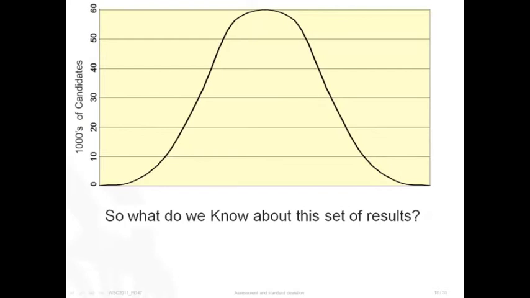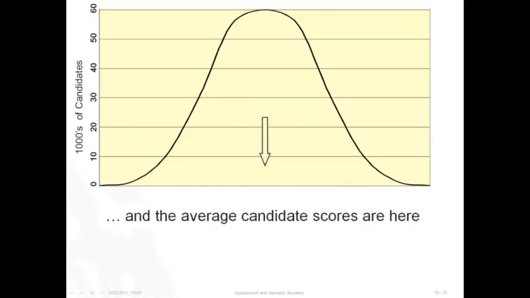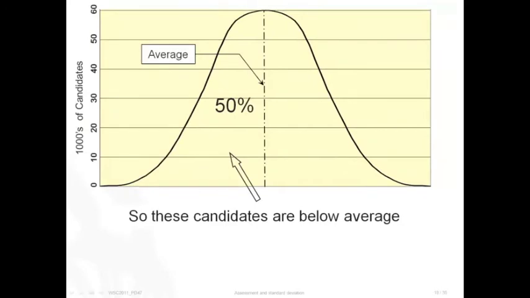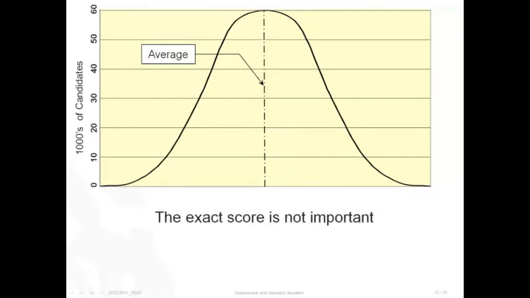So what do we know about this set of results? We know the least able scores are here, and the most able scores are here, and the average candidate scores are here. So these candidates are below average, and these are above average. The exact score is not important.